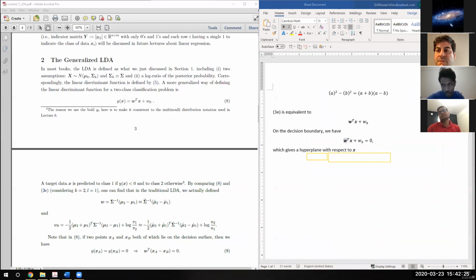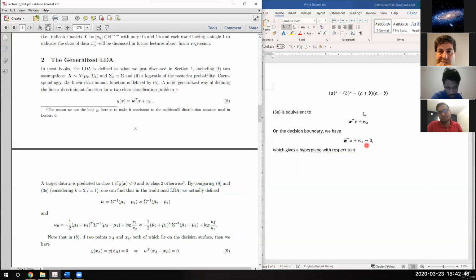However, an easier or more generalized way to define the LDA is by this. I directly define y(x) equal to W transpose x plus W0. And indeed, as we mentioned in the traditional way, here's the definition.